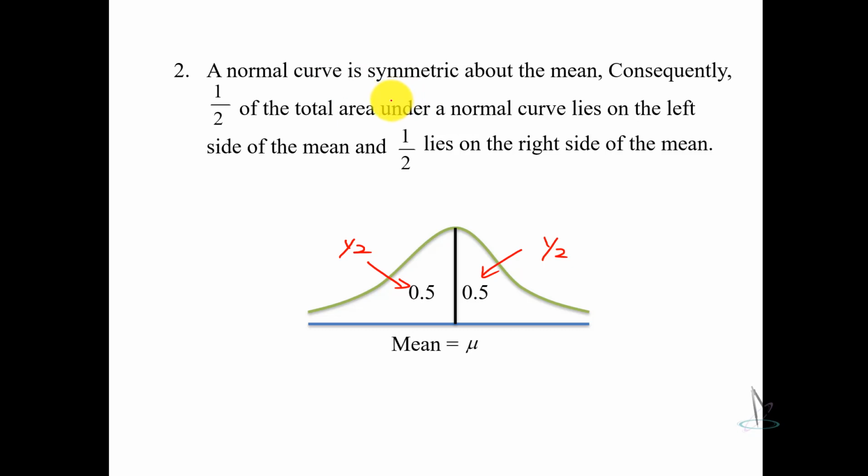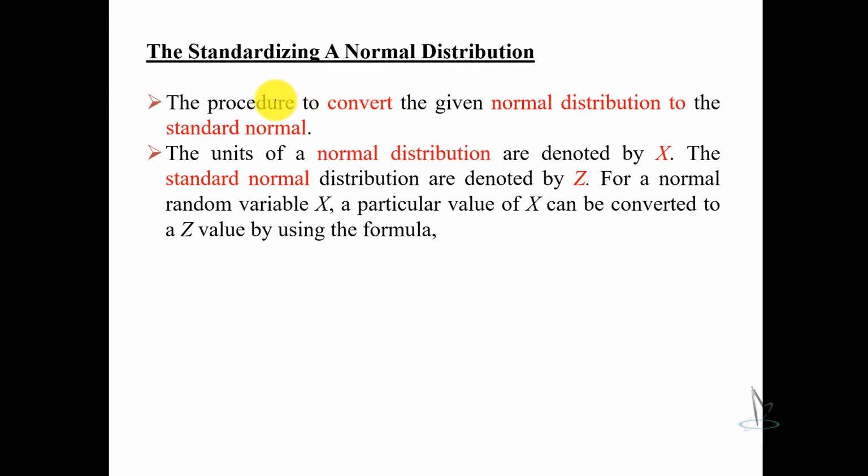Next, standardizing a normal distribution. This is the procedure to convert the given normal distribution to the standard normal. The normal distribution is denoted by x, and the standard normal distribution is denoted by z.